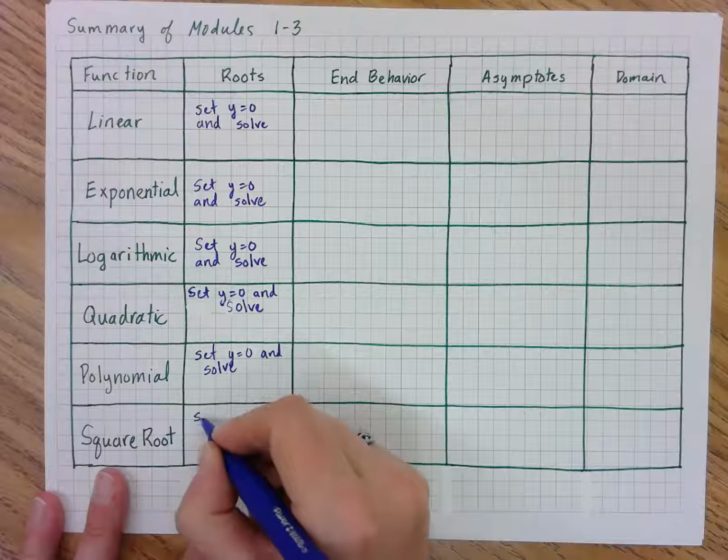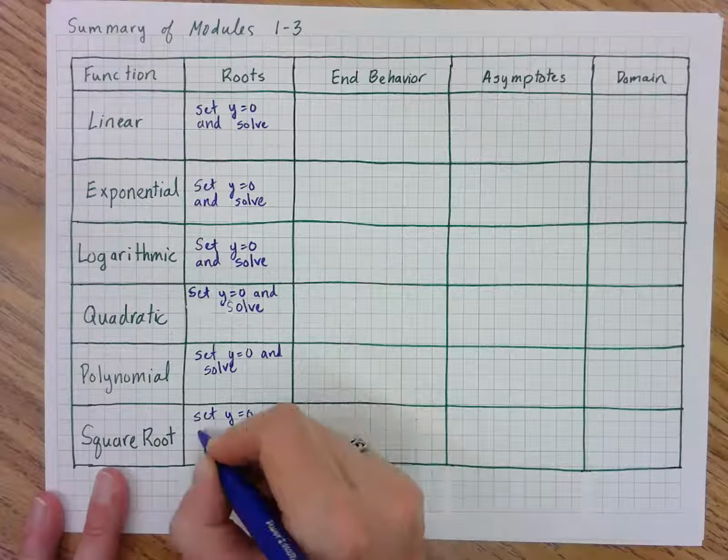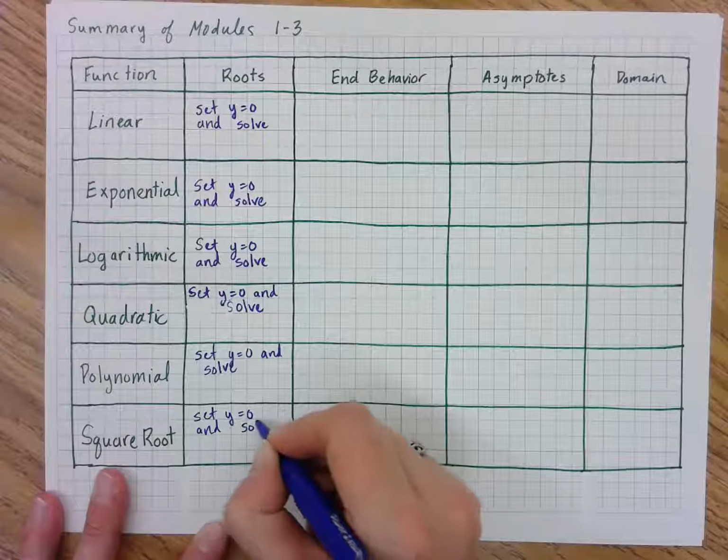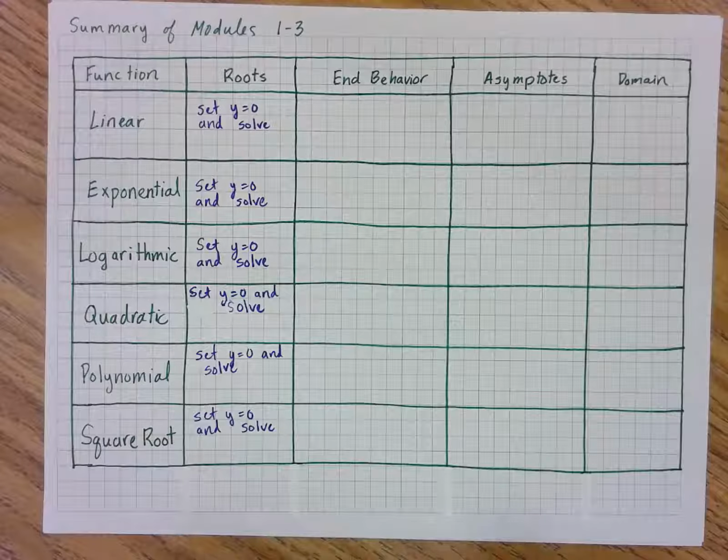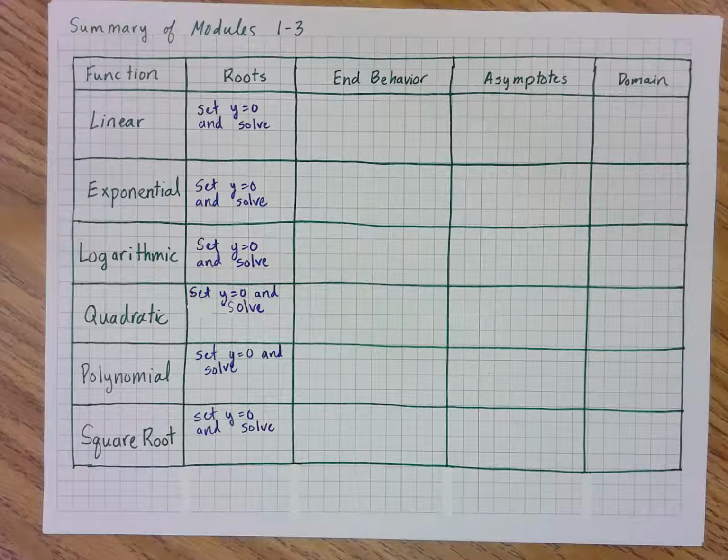And square root, the same thing. So in order to find the roots, every single time we're setting the equation equal to 0, y equal to 0, and we're solving for x. And sometimes we get roots that are real, and sometimes we get roots that are imaginary or complex. It just depends upon what our function is doing.